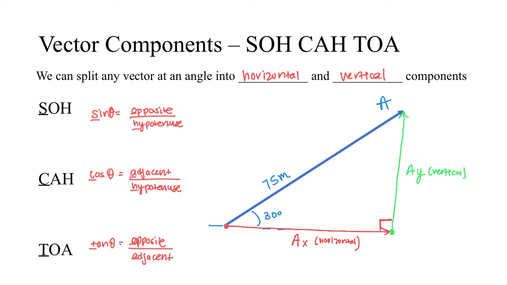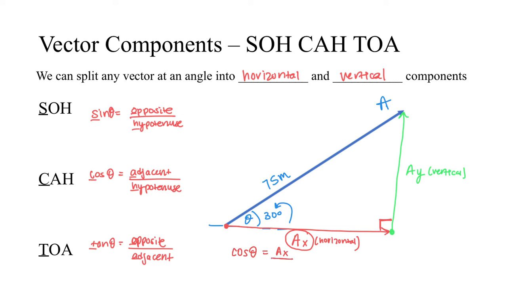SOH CAH TOA. Now if I were to apply that to my triangle, then this side right here, this A sub x, is adjacent to this angle theta, right? So if this is my theta, then I could say that cosine of theta would be equal to the adjacent side, A sub x, over the hypotenuse.